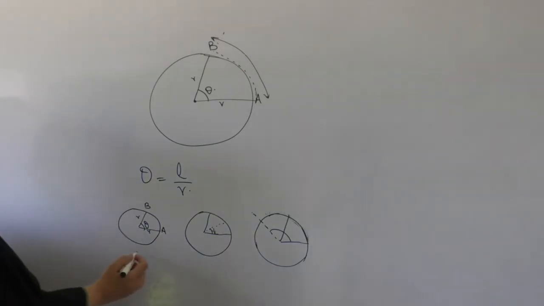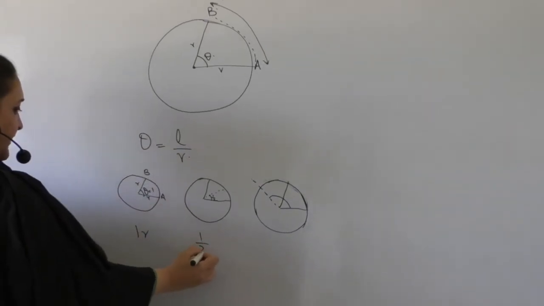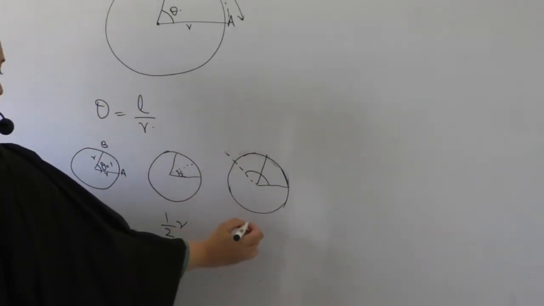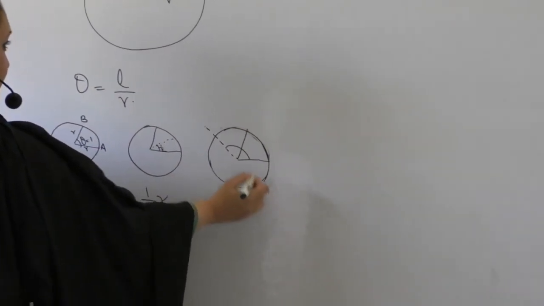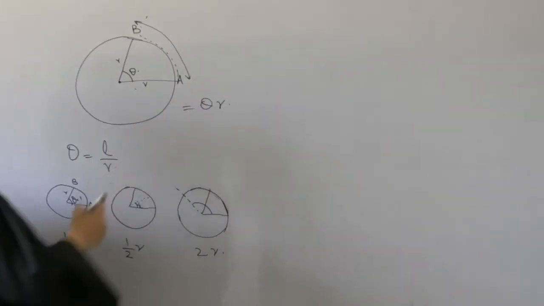This is the first one, 1r. This is half r. This is twice of r. So here it will be theta r.